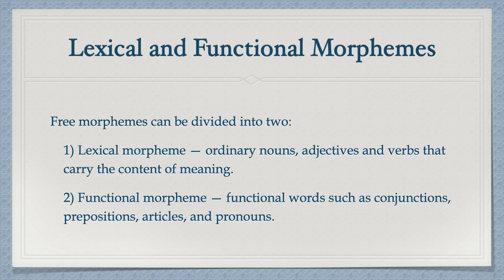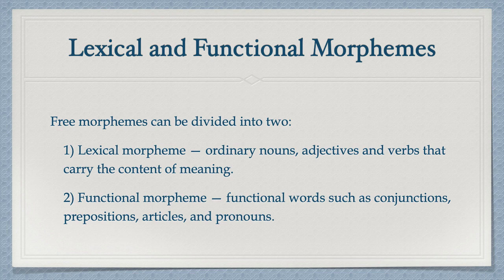Now if you look at a preposition like on, it doesn't have a meaning by itself. In different contexts, it can mean different things. If you say on a particular day, there on refers to time. But if you say on the shelf or on the table, it is referring to place.